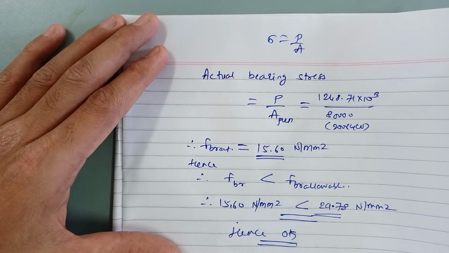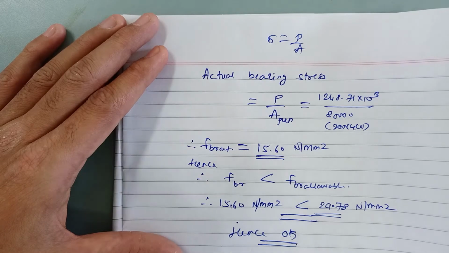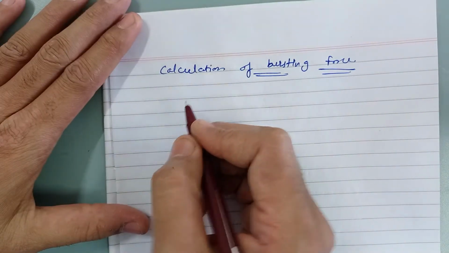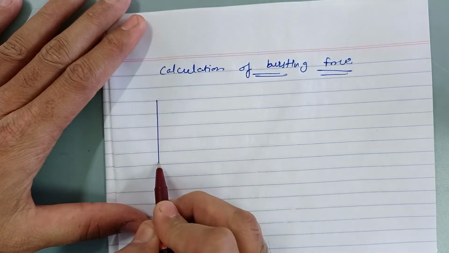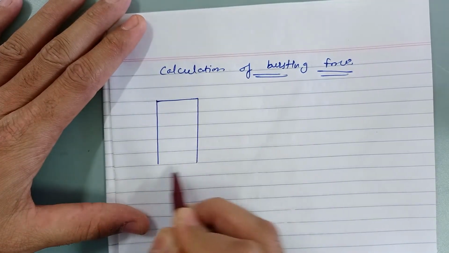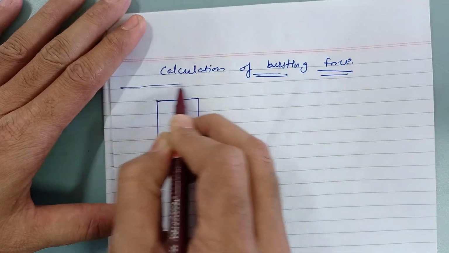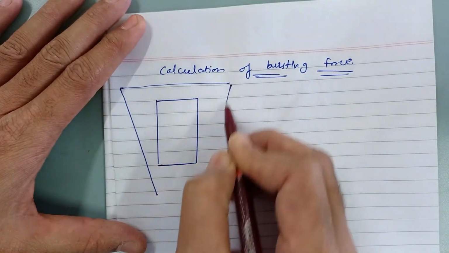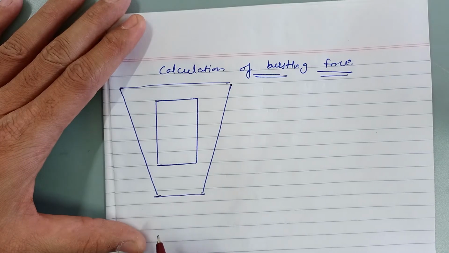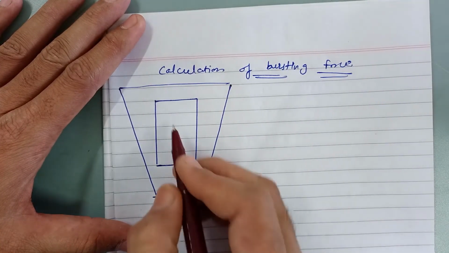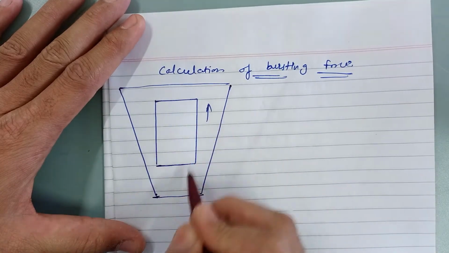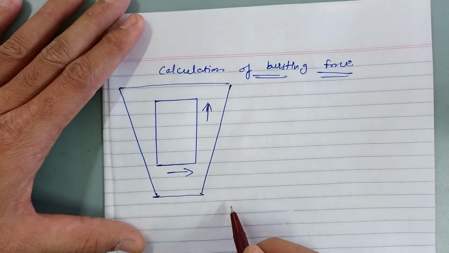Now we will be calculating the bursting force. Calculation of bursting forces. If this is our bearing plate and this was our section, for a while consider this diagram is not to scale. Bursting forces will be in vertical direction and horizontal direction.